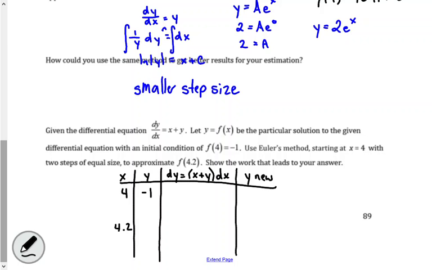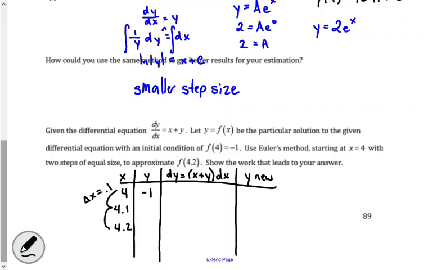I want 2 steps of equal size to get to 4.2. So 2 steps means I gotta go 4 to what? To 4.2. 4.1. So 2 steps of equal size. What does that mean? If I'm going 4, 4.1, 4.2, what's my delta x? 0.1, right? All right, let's calculate.